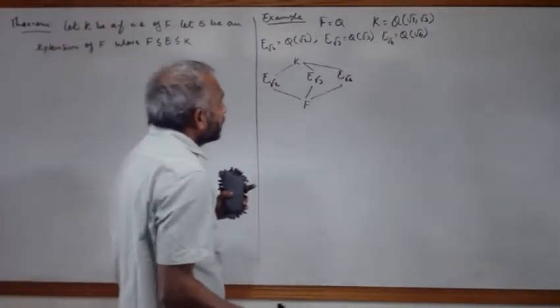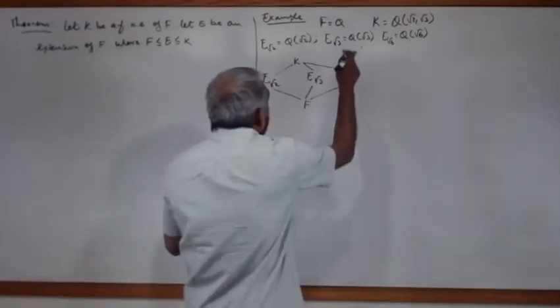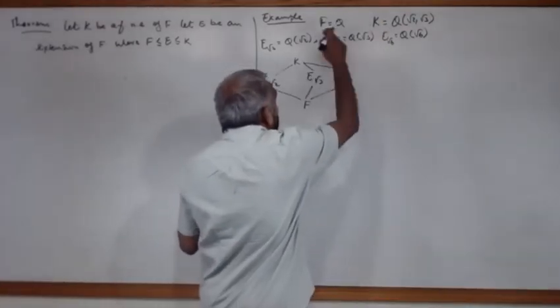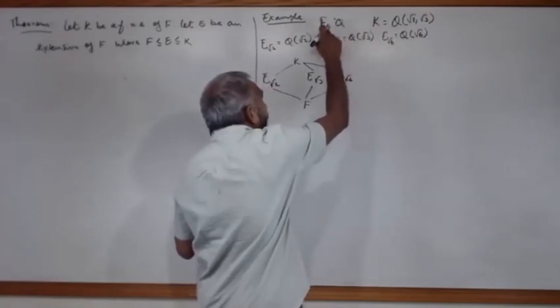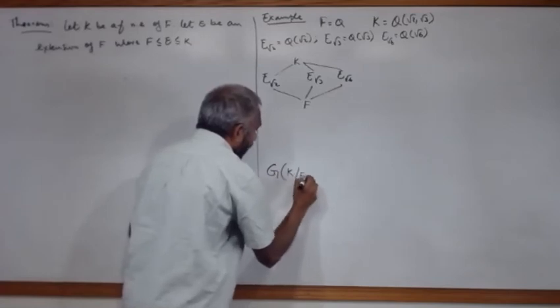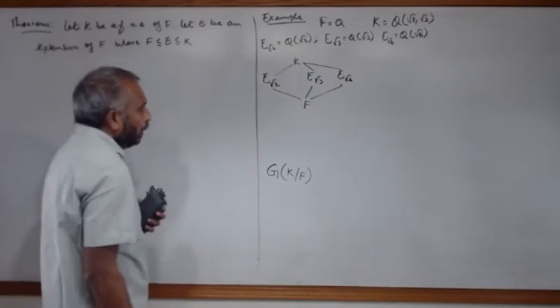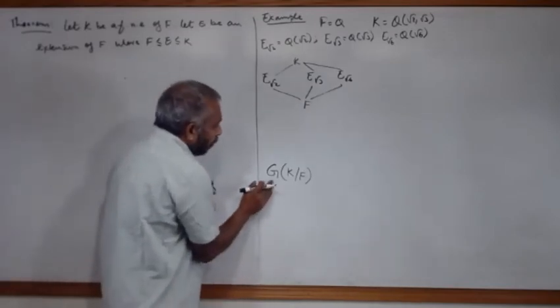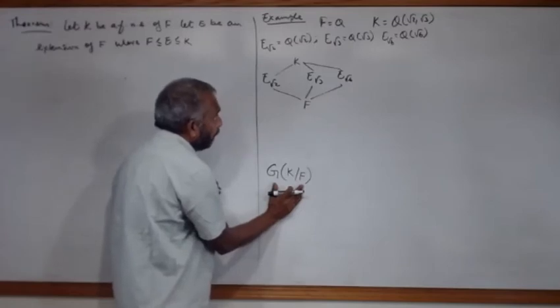Now we are interested in the automorphisms on K fixing F, that is G of K over F. This is a group of automorphisms that leaves F fixed.